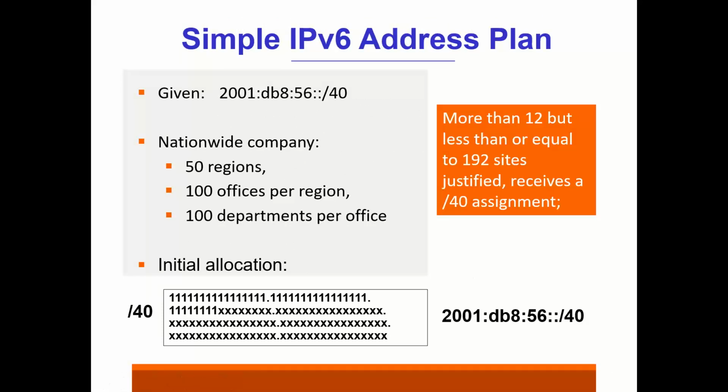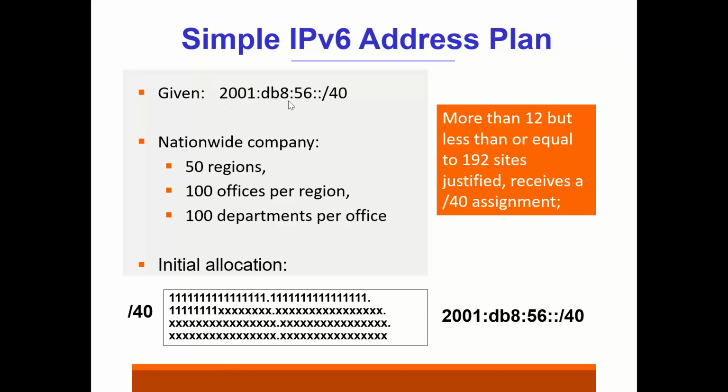So let's do a very simple address plan, okay? What I've done here is I've said to my internet registry that I have a number of sites. I have more than 12, but less than or equal to 192 sites, because I have 50 regions, and so I will qualify for a /40 grant.